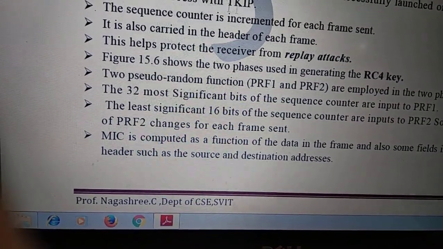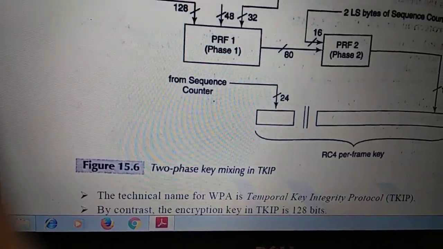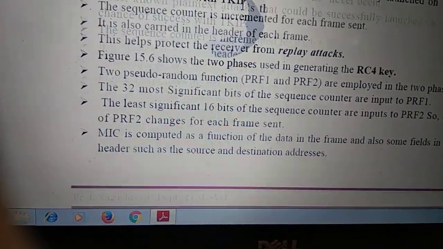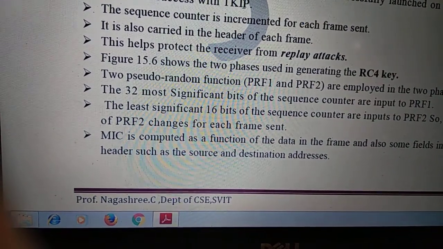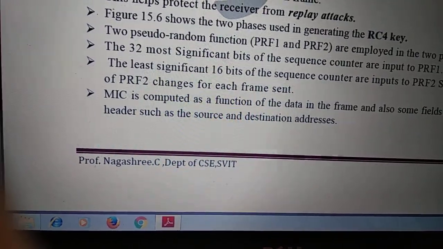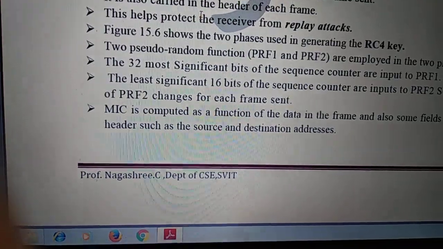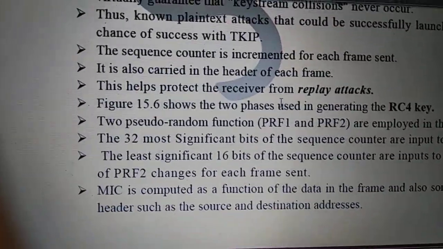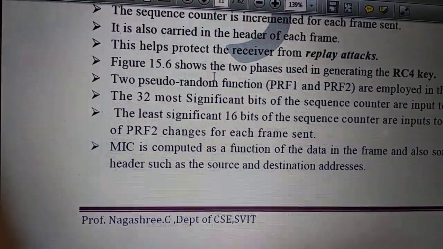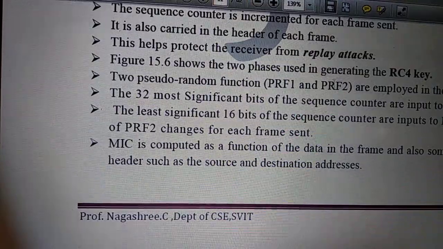Because of using a large key space, the 128 bits of key space, an attacker cannot easily identify the key. And the sequence counter will be incremented for each frame sent. If it is less, it means the same frame is resent, so it helps to protect the receiver from replay attack. So frame 1 is sent with sequence counter 1, like that it will be maintained.